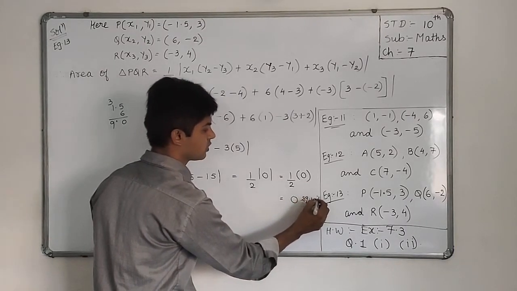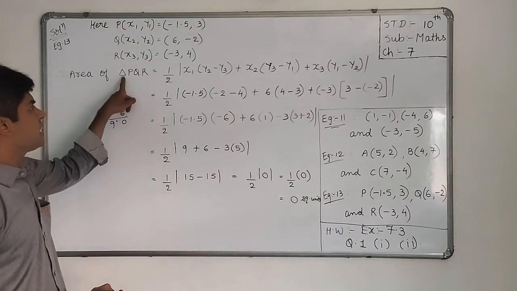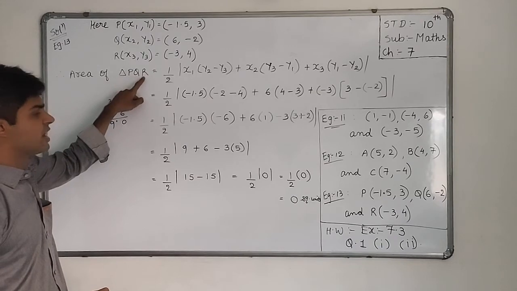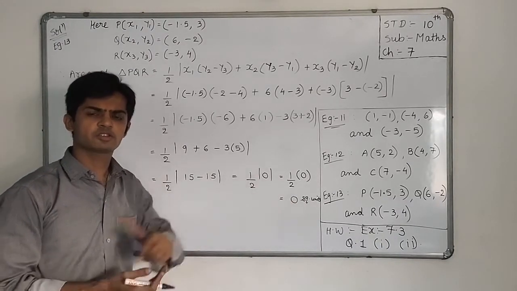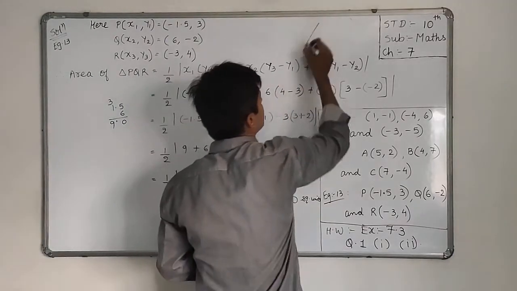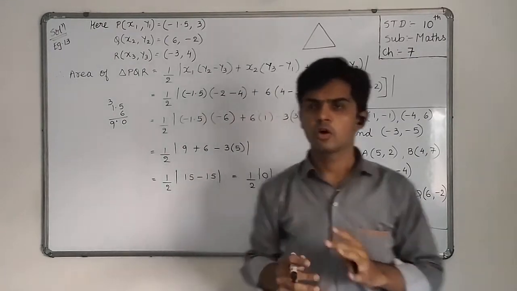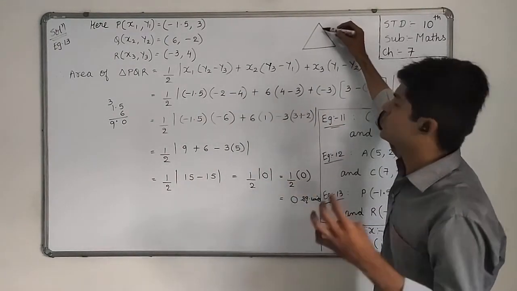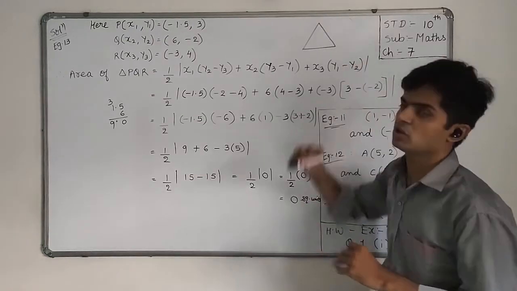square units. Right? If the area of any triangle is 0, how is it possible? Because the triangle is a closed figure. Triangle is a closed figure, and it is next to impossible that the area of any triangle will come 0.